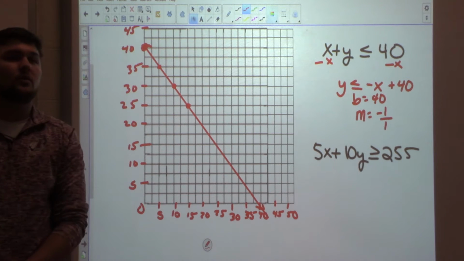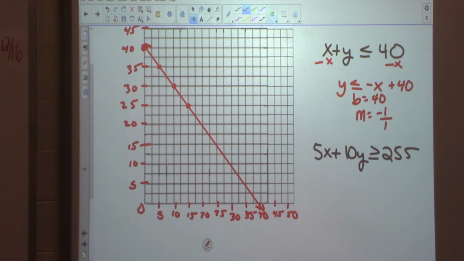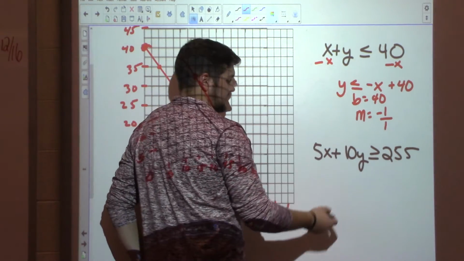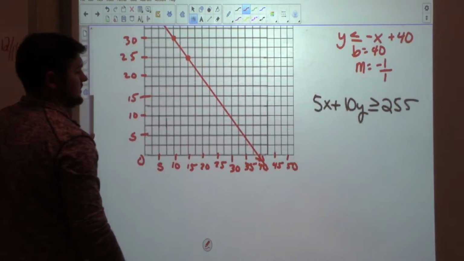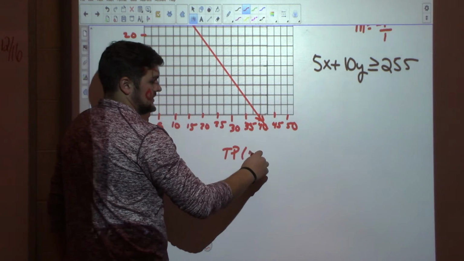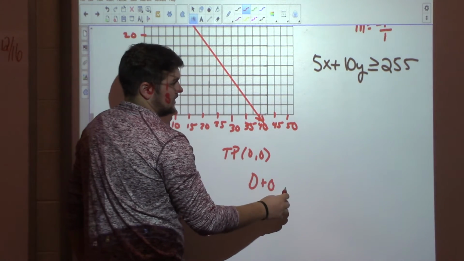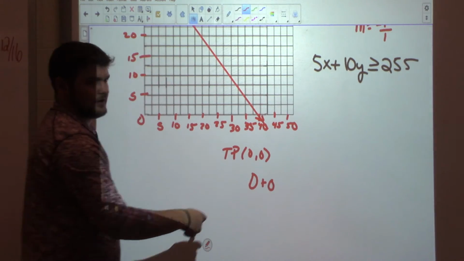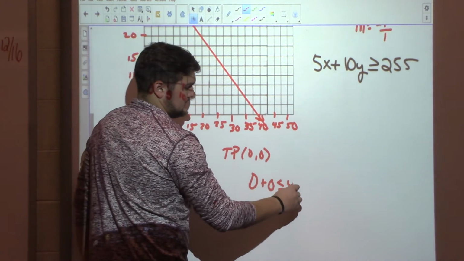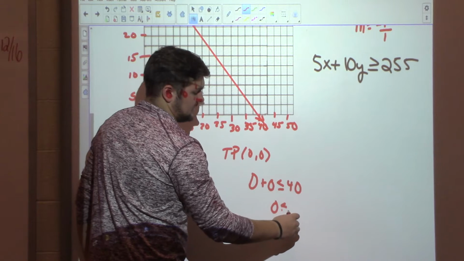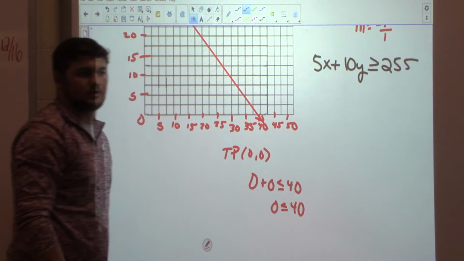So we need to figure out which way we're supposed to shade this inequality. So take your test point, 0, 0. I'm going to do it down here because I don't have much room to go off. Test point of 0, 0. I get 0 plus 0. Was it less than or equal to 40? So 0 is less than or equal to 40. Is that true?